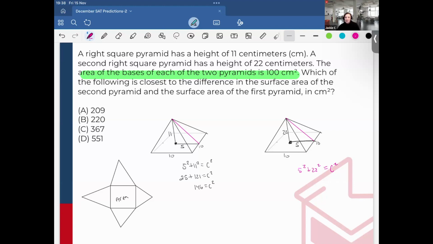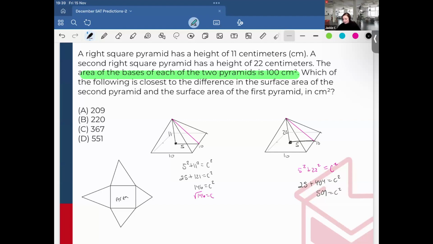That is not a perfect square, so I'm just going to leave that as is, that the square root of 146 is equal to c. Okay, same here, so this would be 25 plus 484 equals c squared, which is 509 equals c squared.